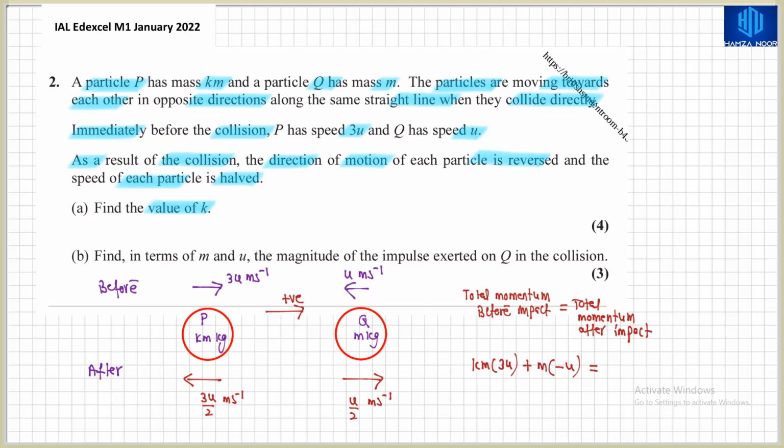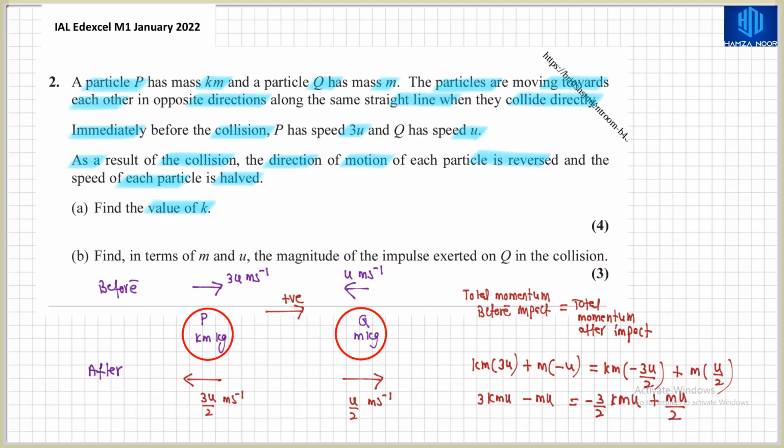Since I've taken the right hand side direction as positive, the momentum after will be km multiplied by minus 3u over 2 plus m multiplied by u over 2. As simple as that. Therefore 3kmu minus mu is equal to minus 3 over 2 multiplied by kmu plus mu over 2.